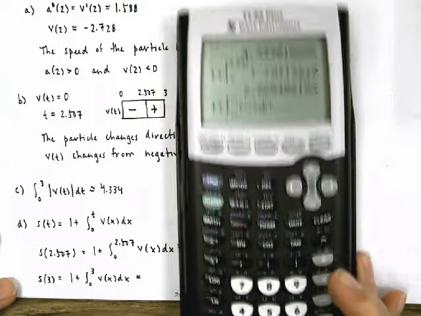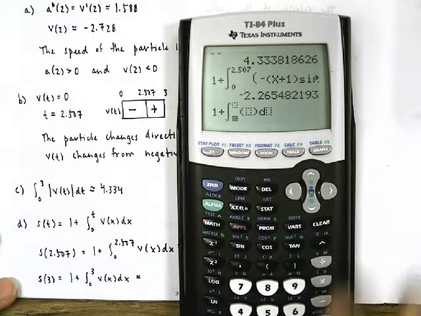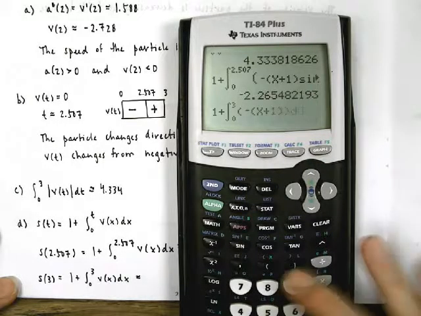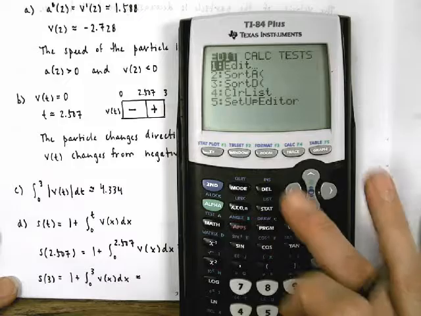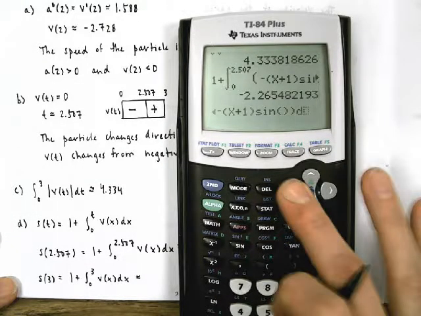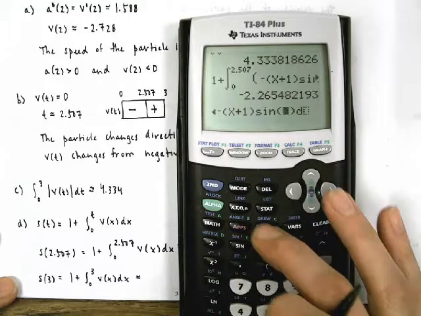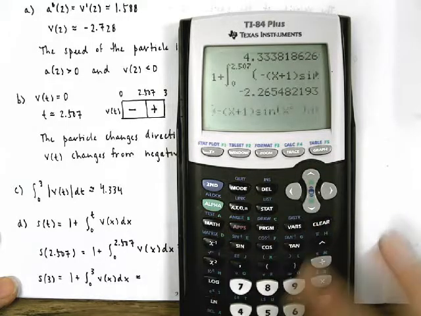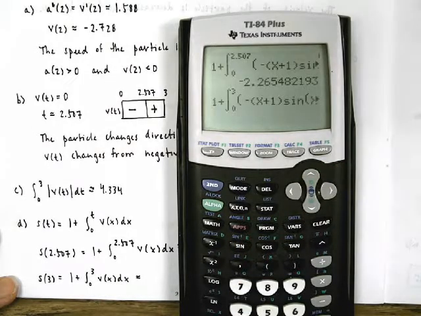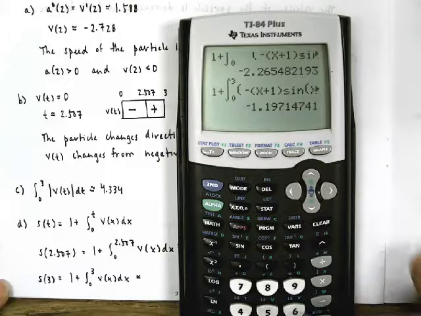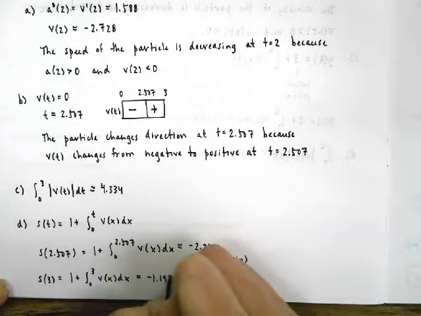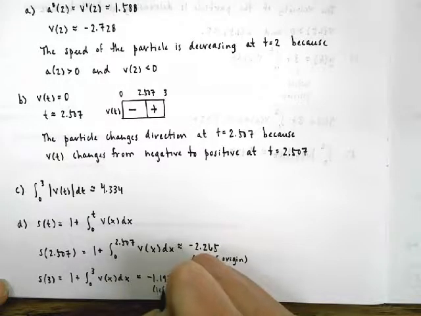From 0 to 3, opposite of x plus 1 times the sine of x squared divided by 2 dx. And I get negative 1.197. So I'm still to the left of the origin.